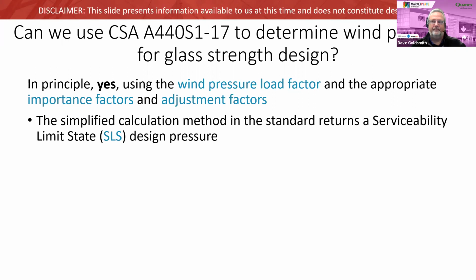Correct. So we're designing for the in-service pressures that the window is going to be subjected to. And we don't want the framing to deflect more than L over 175 under normal service conditions. So during the lifetime of the window, it's going to be subjected to these loads.